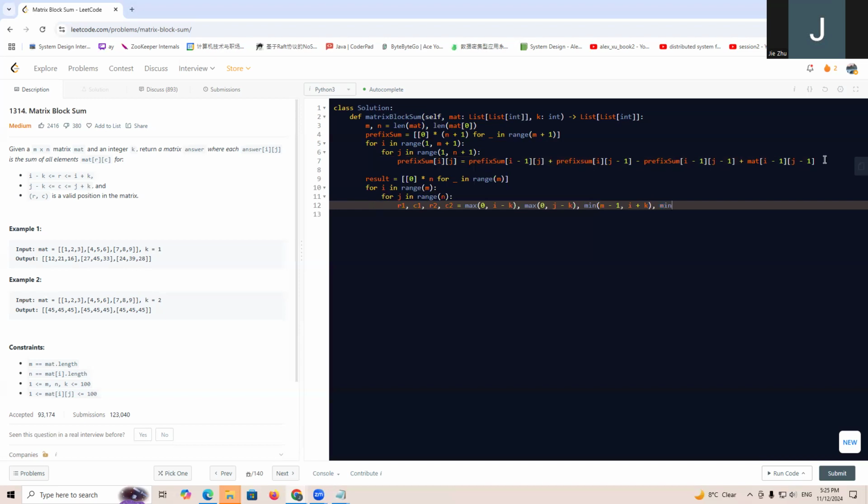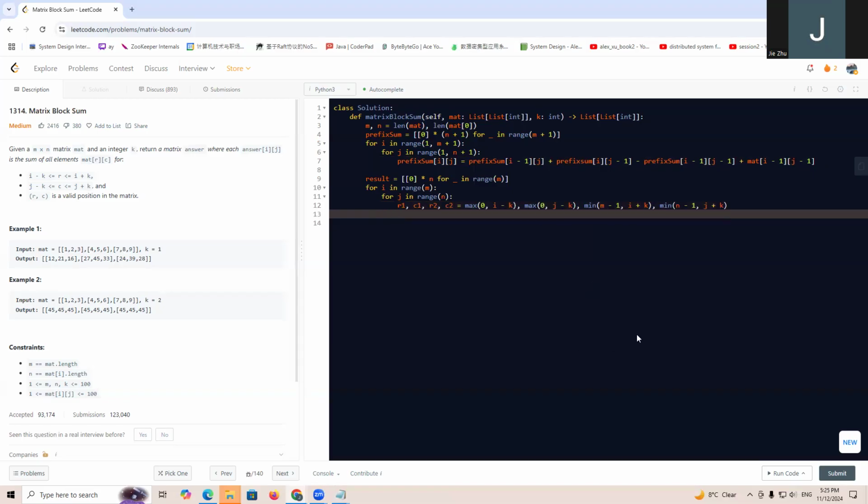Then we just need to remember how to calculate the area with top left R1 C1 and bottom right R2 C2.